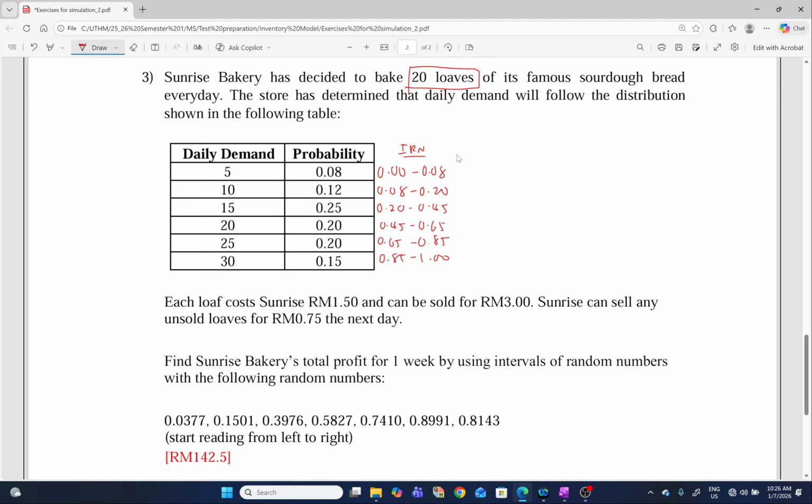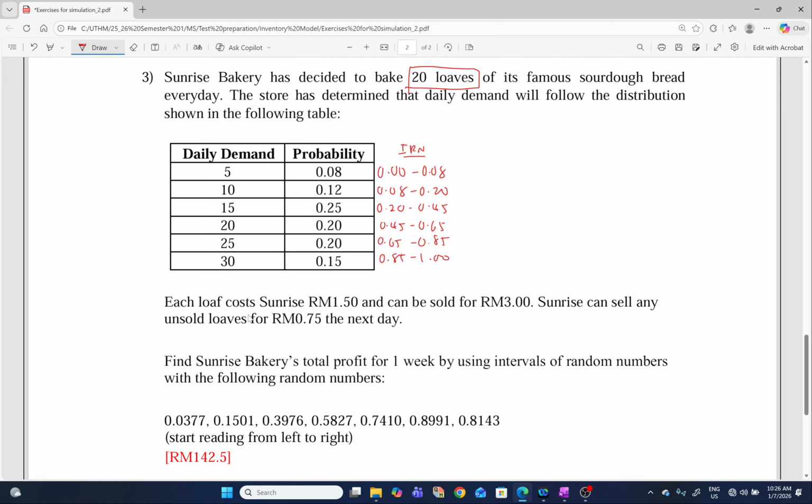Okey, walaupun you minta 25 biji, dia hanya boleh bagi kepada you 20 saja maksimum. This is the option for demand.